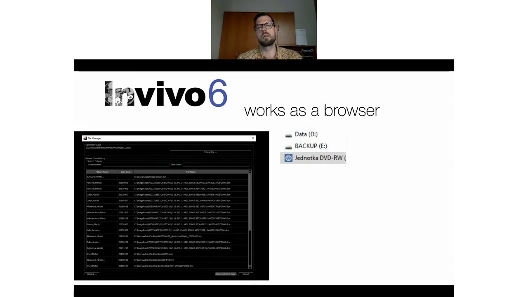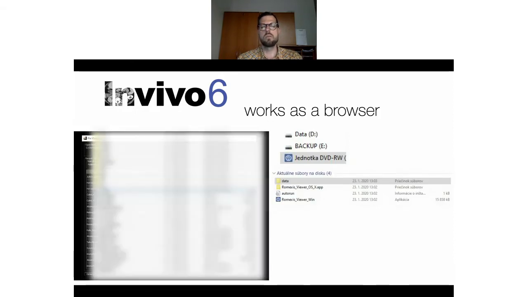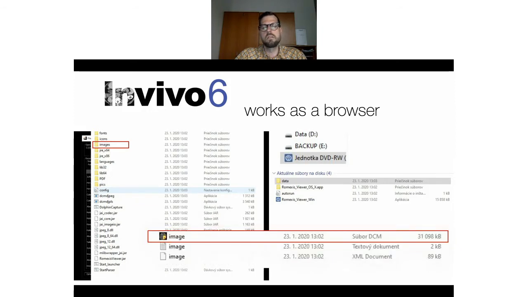So it's PlanMeca, and I wanted to open it in the In Vivo 6. So I choose data, and when I click the data, there are these icons, and normally all the images are in the images. So I click the images, and I will find this kind of files.